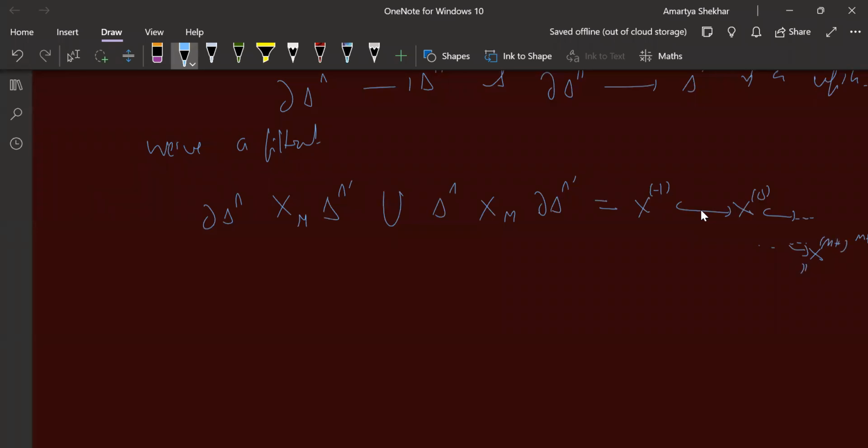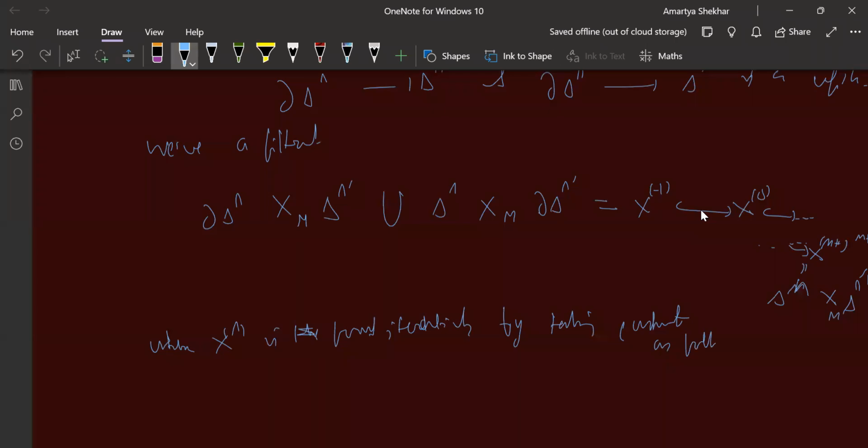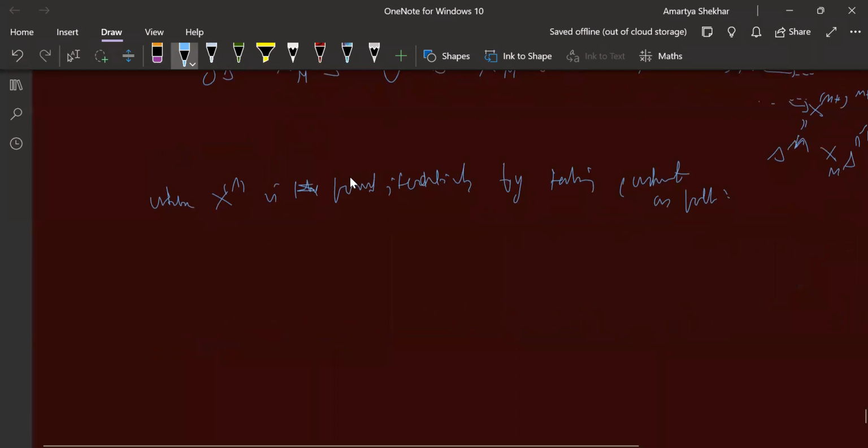So this is just equal to... Right. It is found iteratively by taking pushouts as follows. First let me define this.